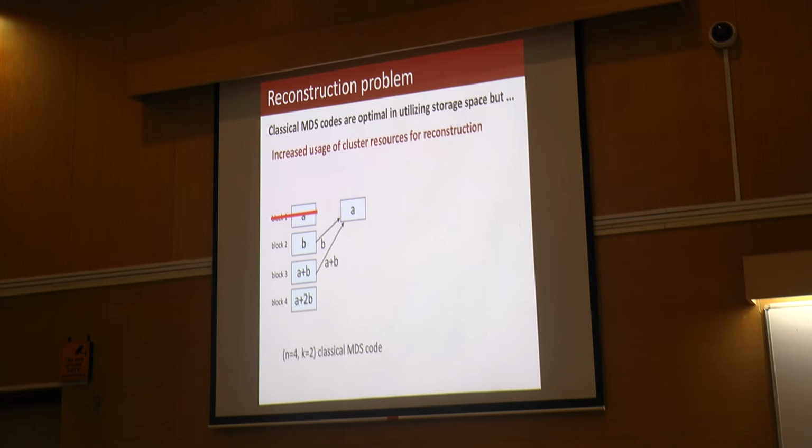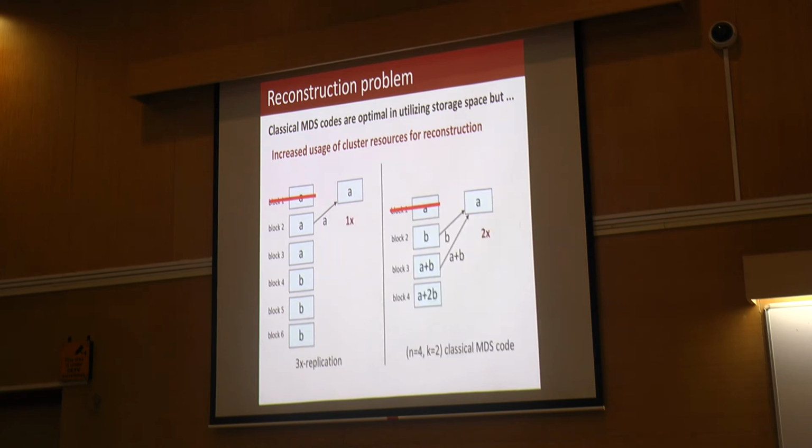In the classical MDS case, it's equivalent to decoding fully. So we read two other blocks, here B and A plus B, then subtract B from A plus B and get back A. In this case, the amount of data that we read from the disk is twice the amount of data that is missing. Similarly, the amount of data transferred across the network is twice, and the number of disks that we access is twice.